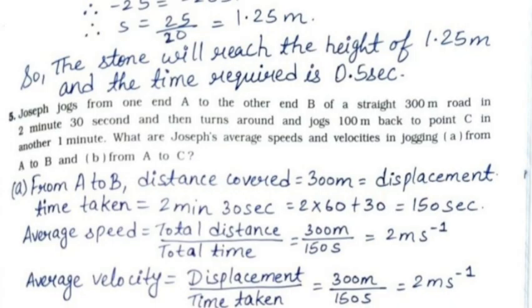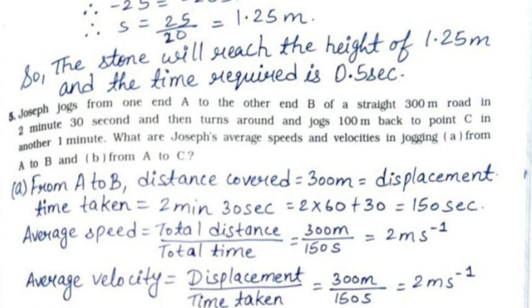Fifth one, Joseph jogs from one end A to the other end B of a straight 300-meter road in 2 minutes 30 seconds and then turns around and jogs 100 meter back to point C in another 1 minute.